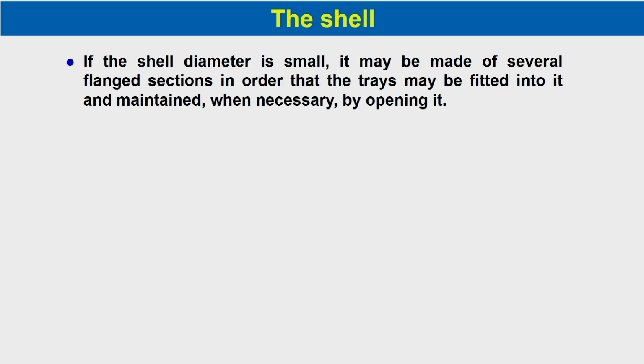If the shell diameter is small, it may be made of several flanged sections in order that the trays may be fitted into it and maintained when necessary by opening it. This is for the small diameter tray. So, we need to have several flanged sections and it is much easier to maintain whenever it is necessary.